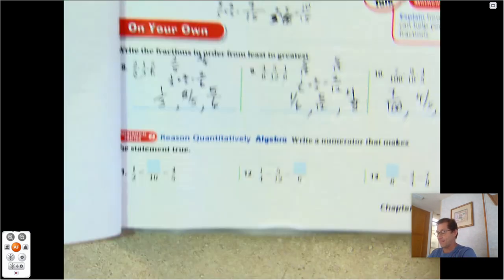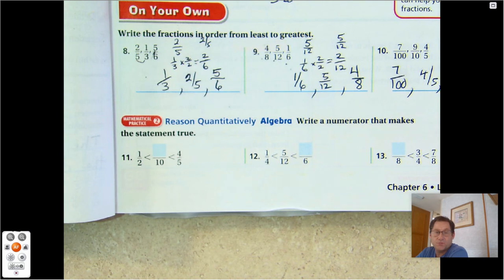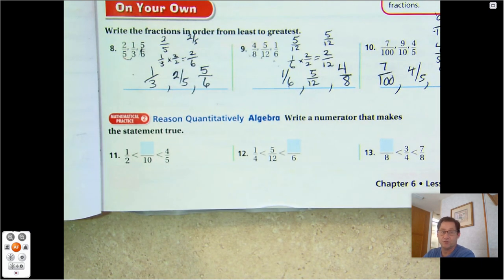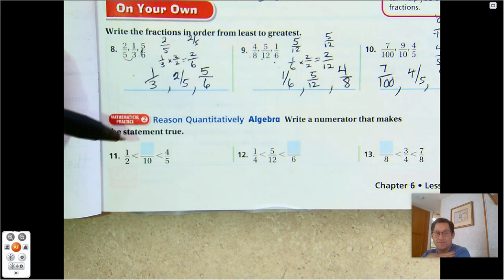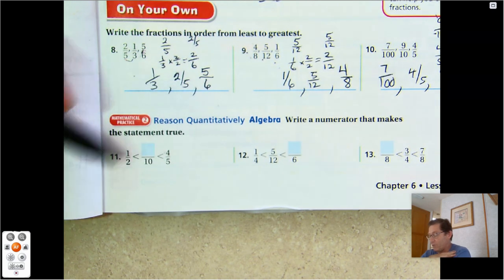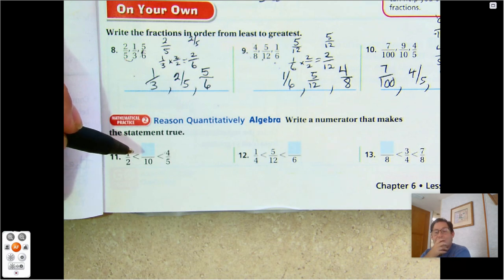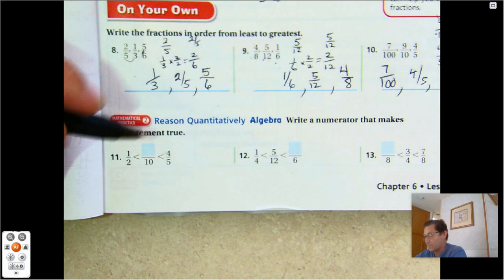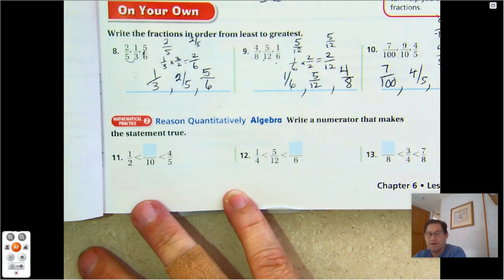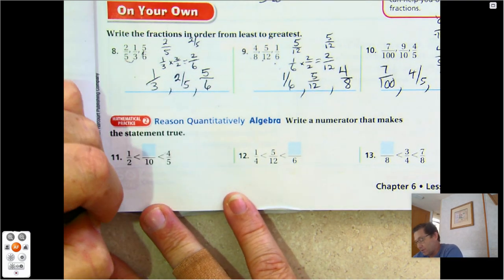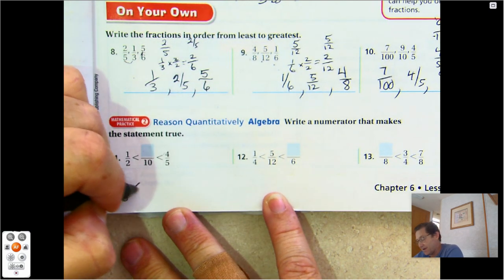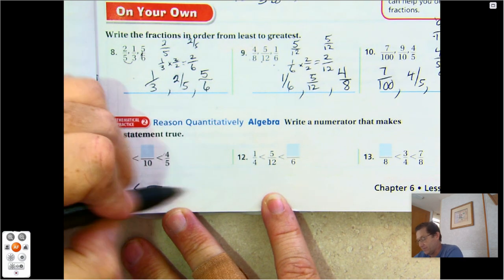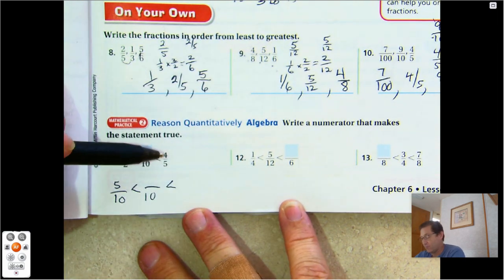All right, write a numerator that makes the statement true. So half is smaller than a tenth, and this is smaller than 4 fifths. I'm going to make common denominators for these. So I'm going to multiply the 1/2 by 5. That gives me 5 tenths. 5 tenths is less than some number of tenths. And I'm going to turn 4 fifths into tenths by multiplying by 2.